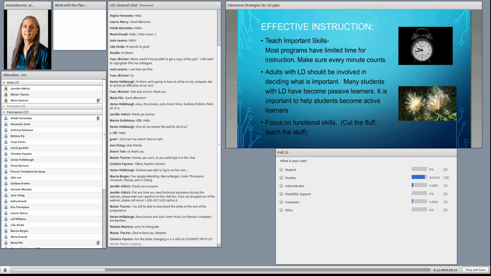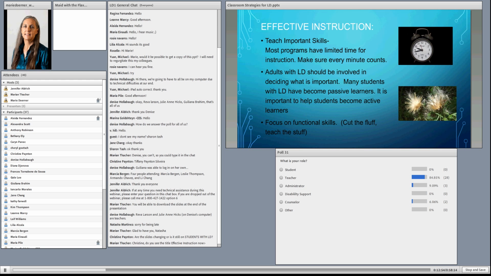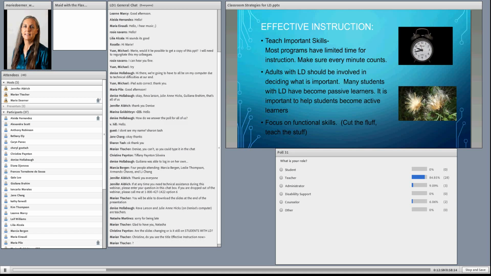That means that as a teacher, we have to be really efficient with our use of time and make sure that transitions are really smooth, that we don't have much downtime at all in the classroom.